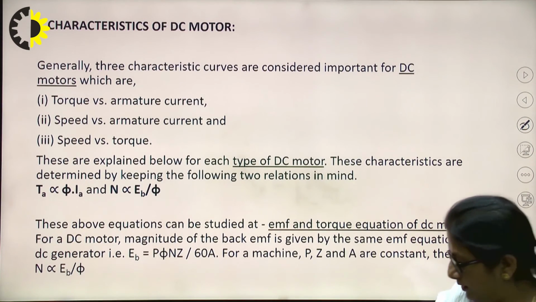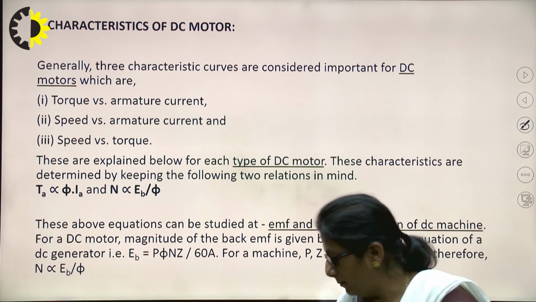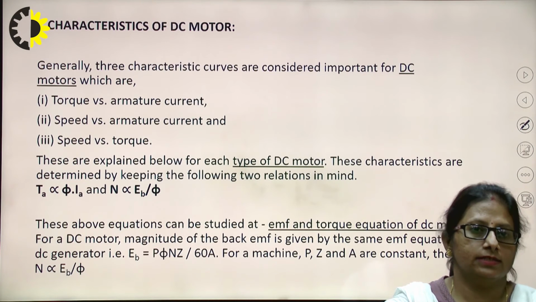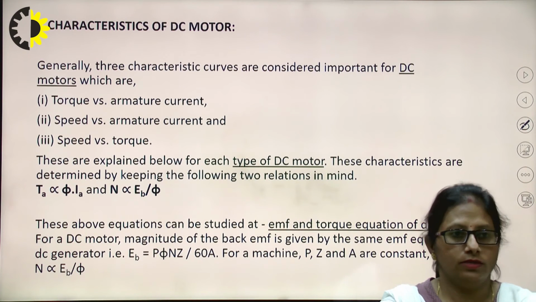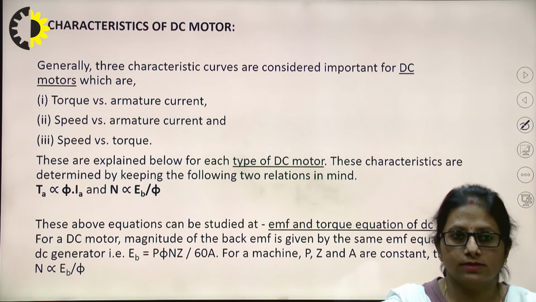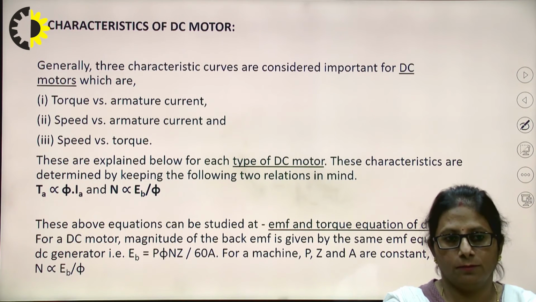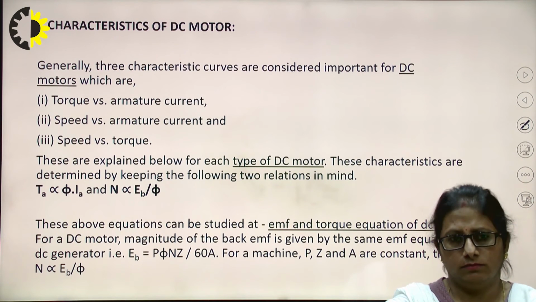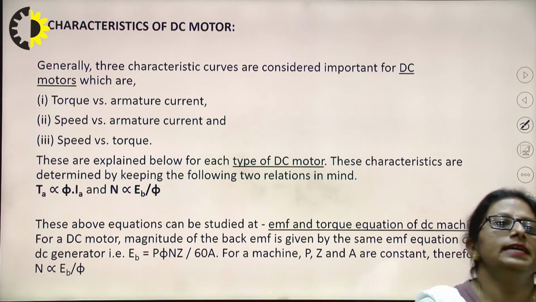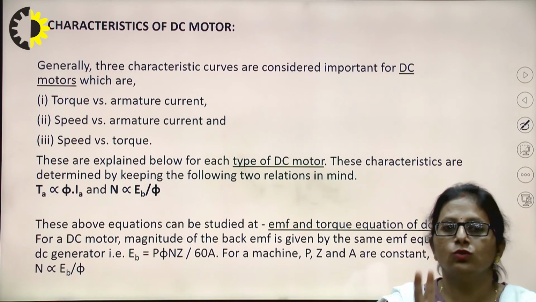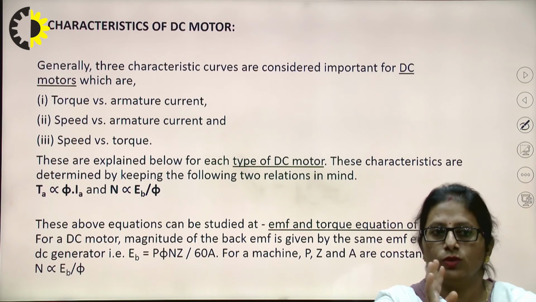Now, coming to the characteristics of a DC motor. Generally, three characteristic curves are considered important for a DC motor: first, the torque versus armature current; the speed versus armature current; and the speed versus torque. These are explained in the next slides. These characteristics are determined by keeping in mind two relations which I have just told you, right?